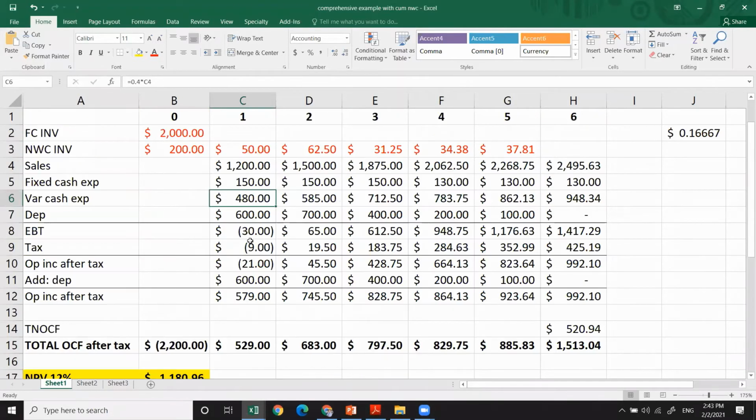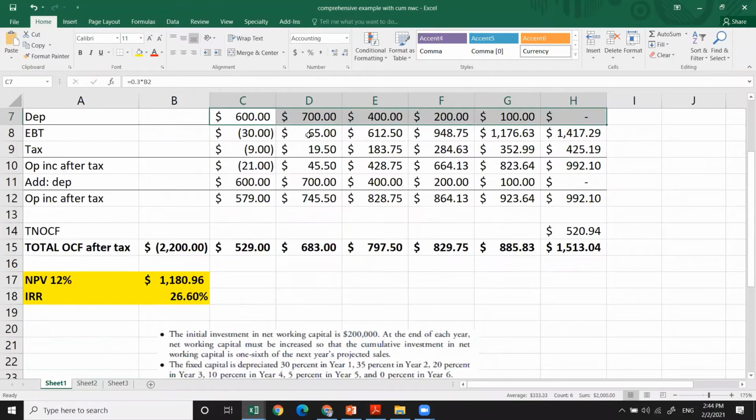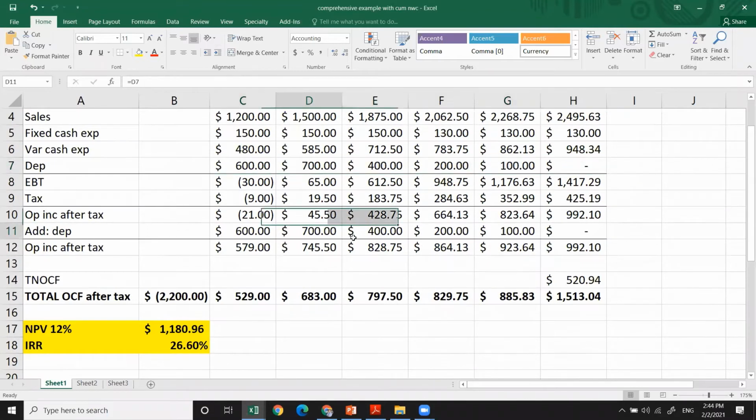The marginal tax rate is 30%. This is how we derive the operational income after the tax. The depreciation, we get it as well with the numbers given here, estimated in accordance with the modified accelerated cost recovery system. So we apply that one as well to derive it, and then we add the depreciation.